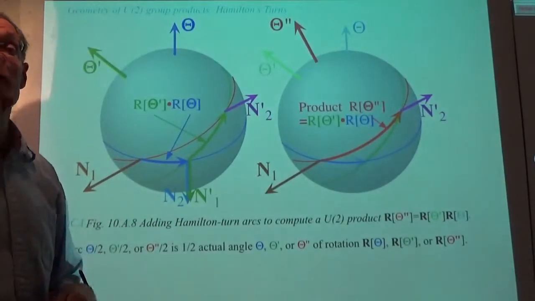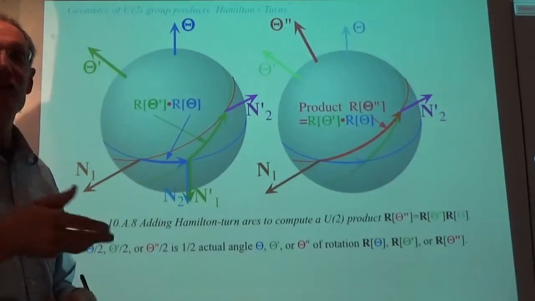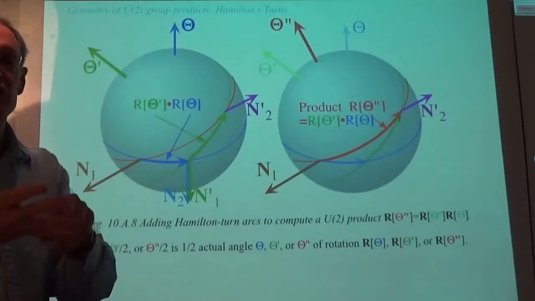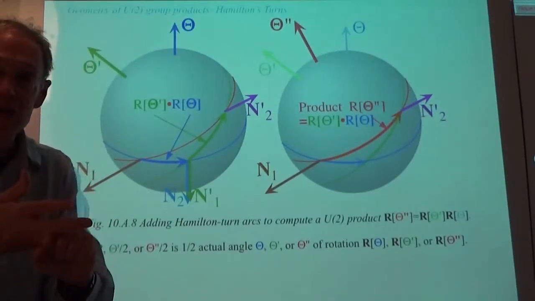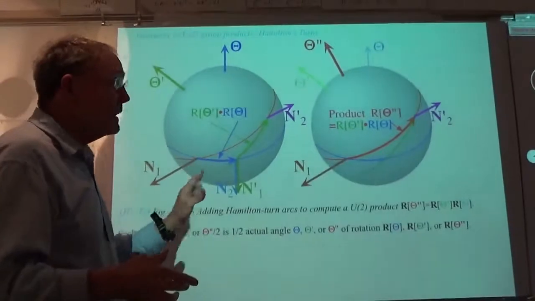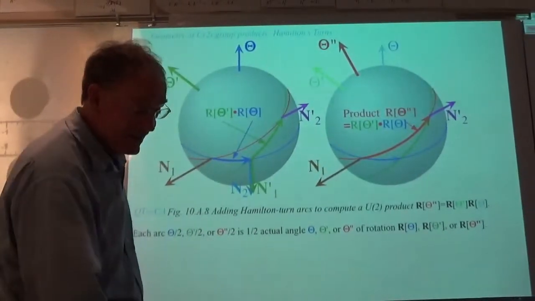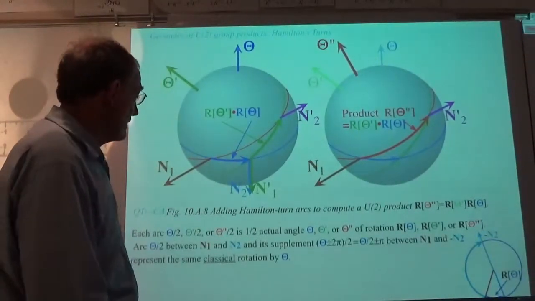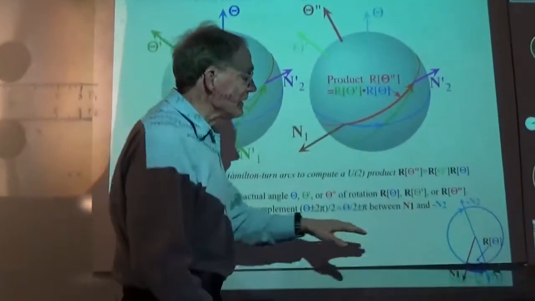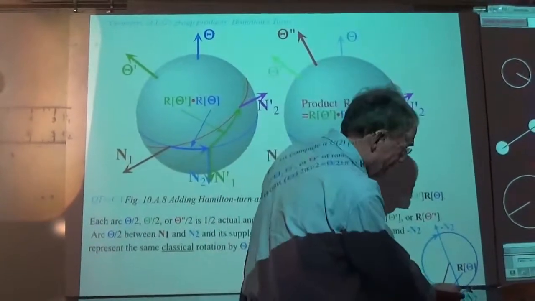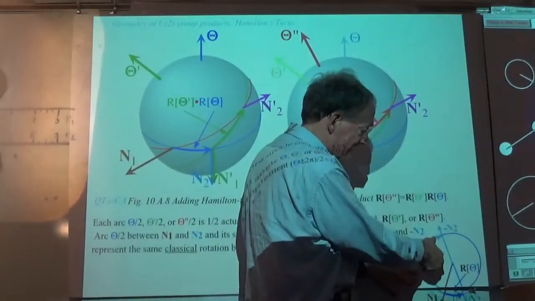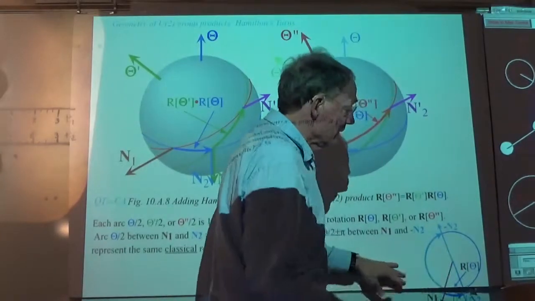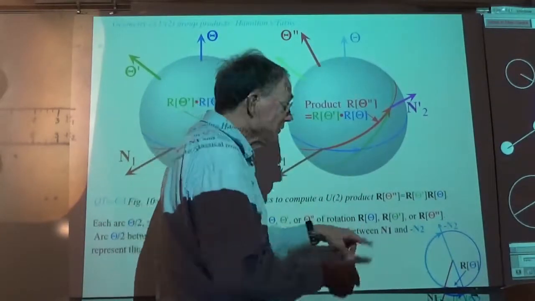I think very cool. This is a way to visualize rotations in 3D. Not only that, but it works for all of the crazy stuff we're doing with polarization and electron spin, because it takes account of the minus sign, as we're going to see. You can represent a rotation by the Hamilton arc or its supplement. The supplement, you see, each of these get doubled.